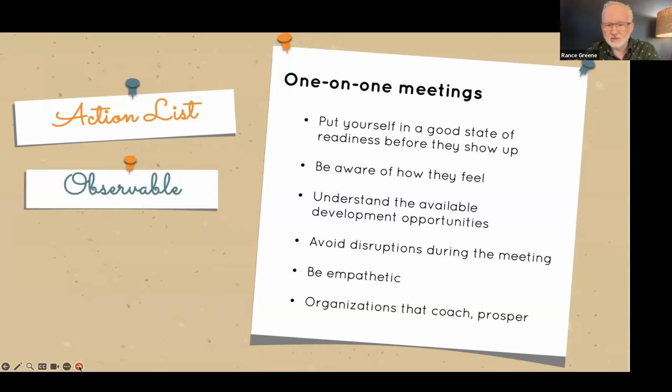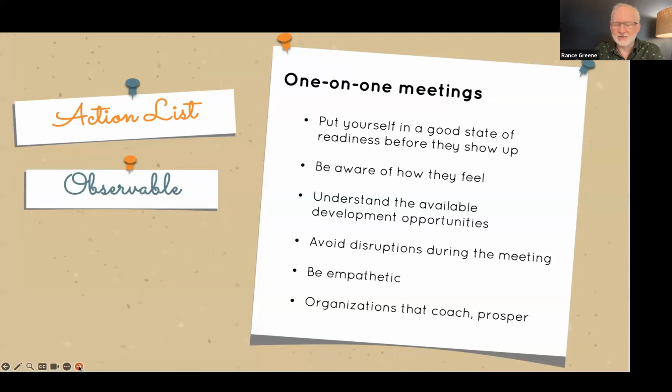So we have be aware, this very general kind of be aware. It's just awareness training. That's marketing, right? It's not training. You have understand, which Tina pointed out, we need to know what that looks like. What are the observable actions? And we have a non-performance objective, avoid disruptions. We can't train people to do that.